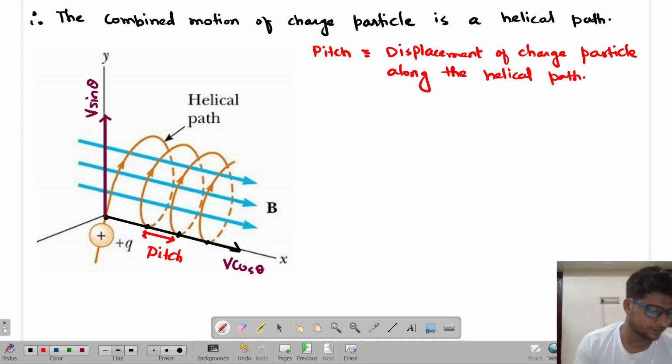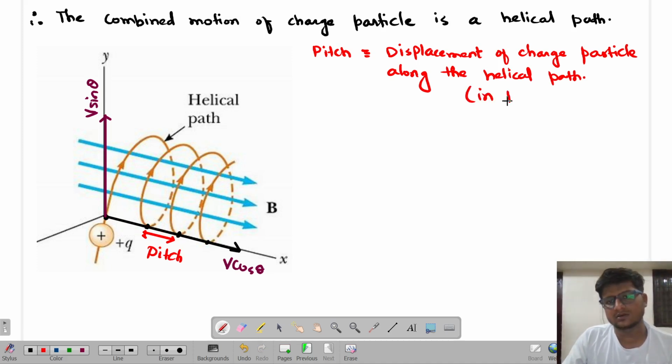It is the displacement of the particle along the helical path when the particle is just going to complete one revolution, isn't it? So this is in one time period. Are you able to get me or not?